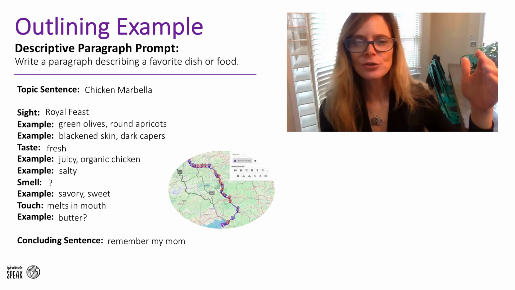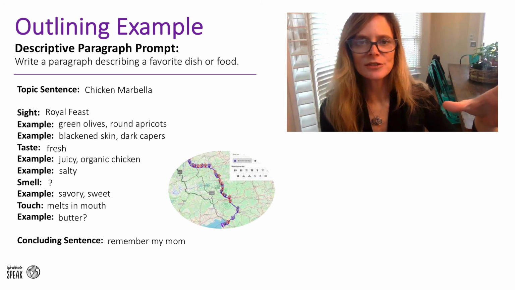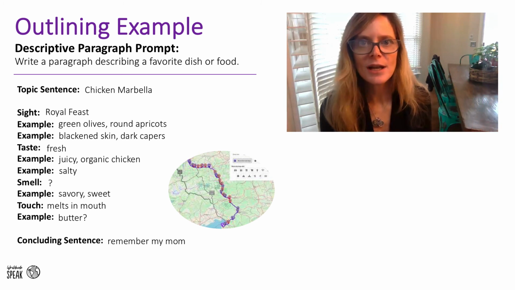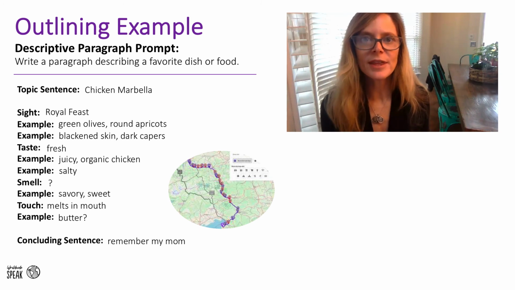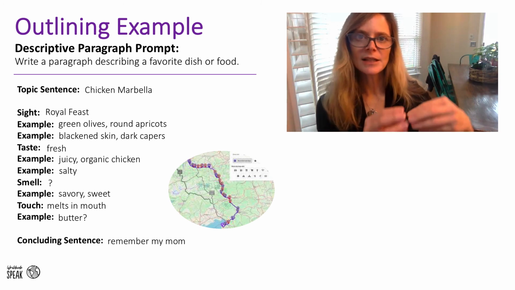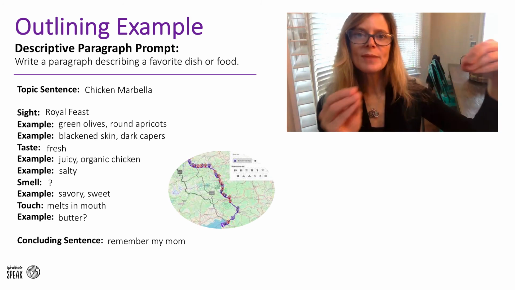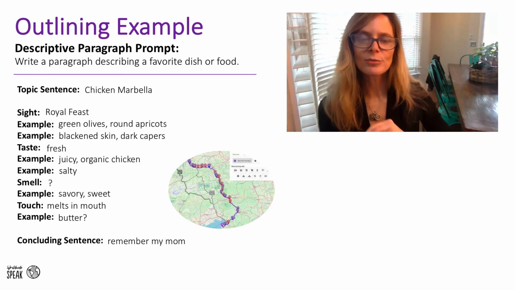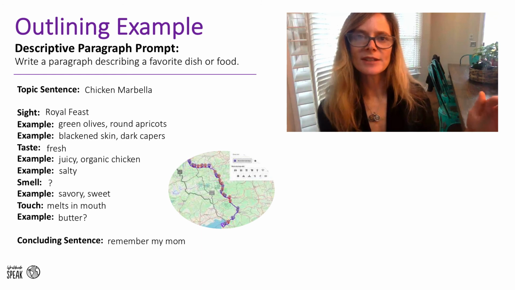And the outline is so great because your topic sentence is there, then site, example, example, etc. And remember, we're going to think about our outline like the map with all of the points along the route for your final destination.